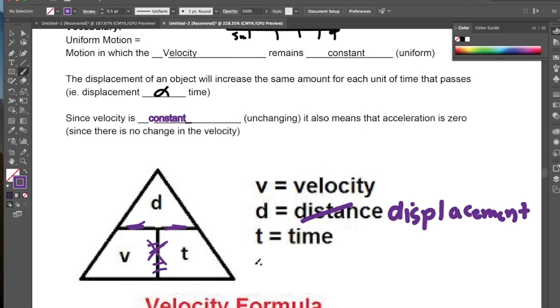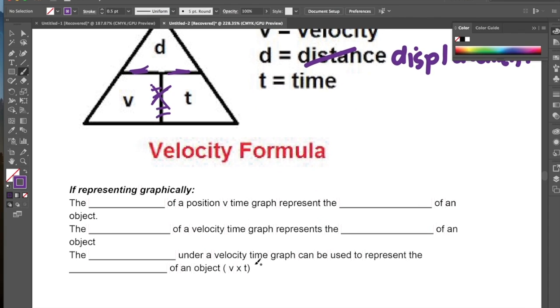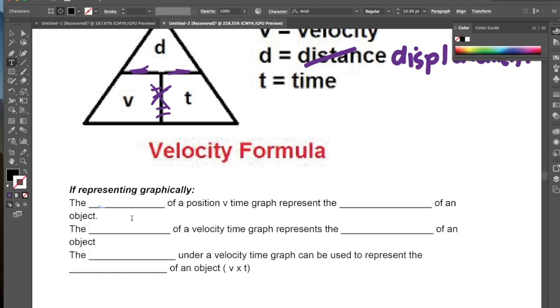So, just a couple quick things here. You can represent pretty much everything in terms of velocity, acceleration, and displacement graphically. A few things to recognize as we move forward.